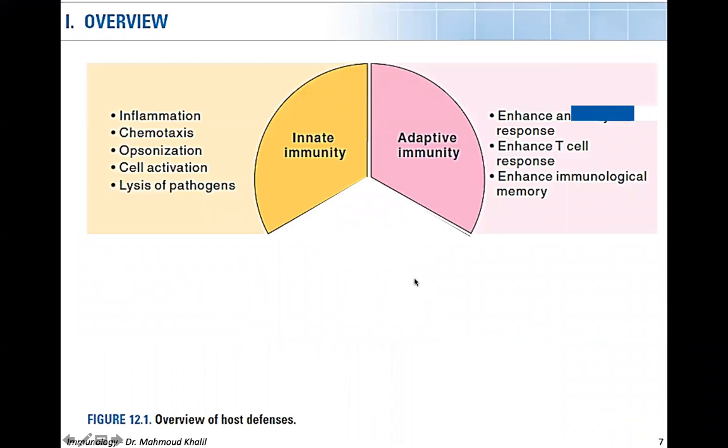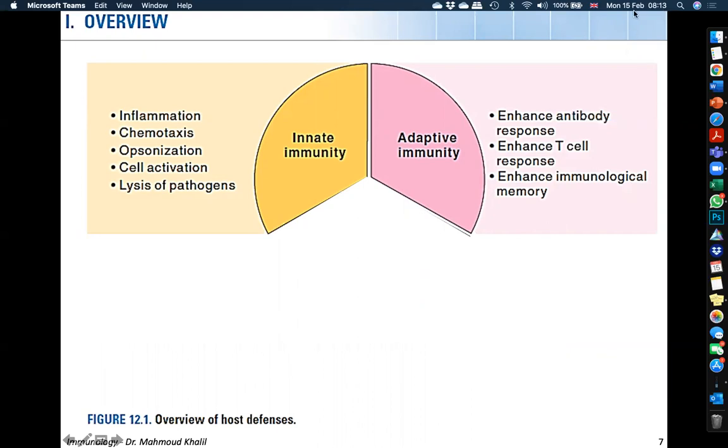So let's see initially what the terms are that relate to each axis of the immune system. We will describe them later in these lectures. For innate immunity, you will hear about inflammation, chemotaxis, opsonization, cell activation, and lysis of the pathogen. While in adaptive immunity, you will hear about enhanced antibody response, enhanced T-cell response, and enhanced immunological memory.